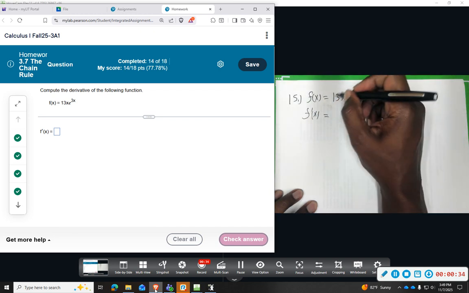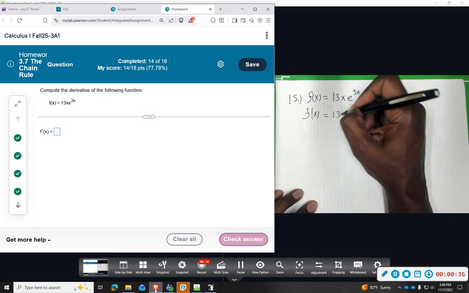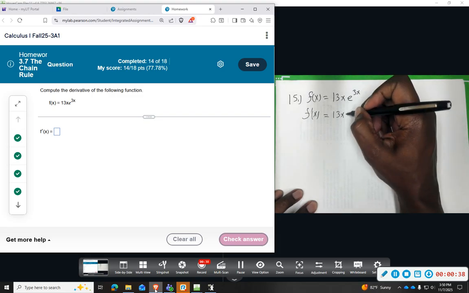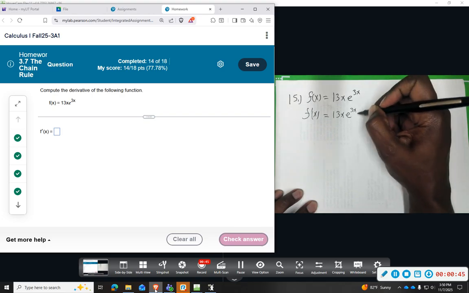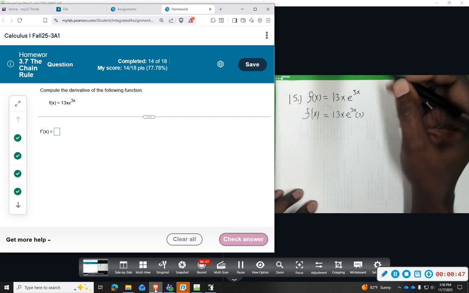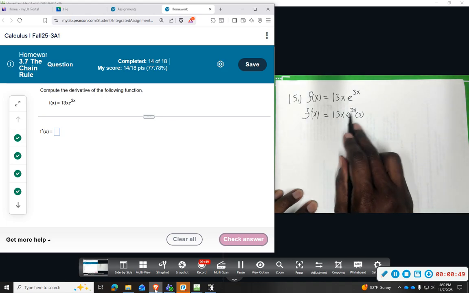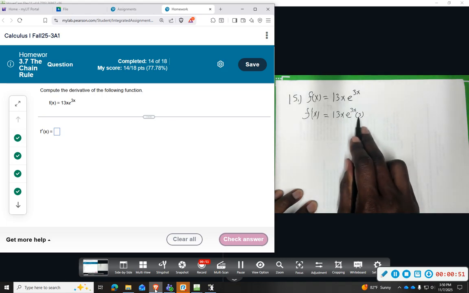So product rule is first times the derivative of the second, which is just going to be e to the 3x. Here's the chain rule. The derivative of 3x is times 3. So first times the derivative of the second, e to the x, and then the derivative of that is 3.